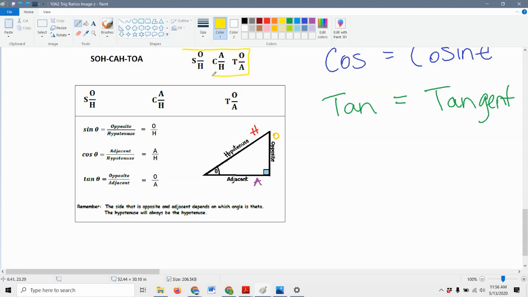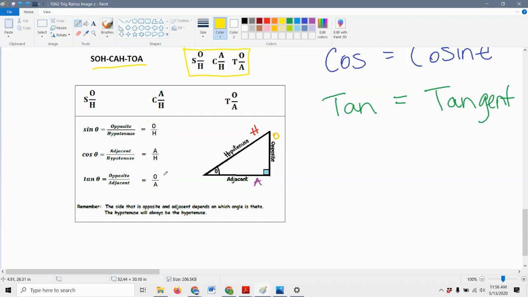And this would be really good to have memorized, even if all you do is just remember to write Sohcahtoa on your paper. I like to write it like this because it's an easier visual representation. Again, sine is that specific ratio, cosine this one, tan this one.